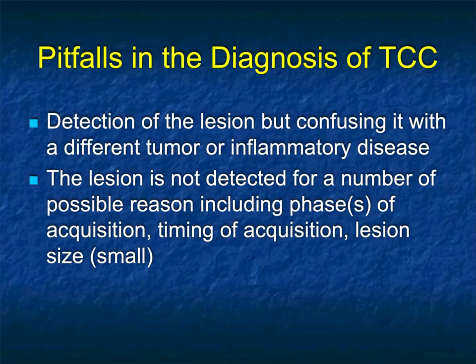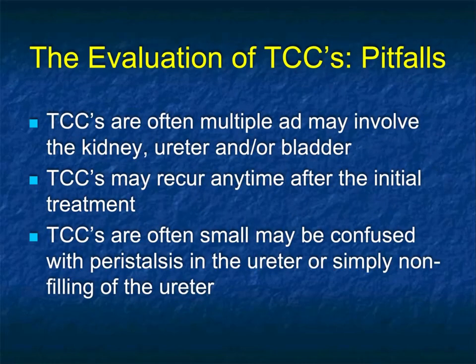The worst thing is when the lesion is not detected for a number of reasons, including the phase of acquisition, the timing, or the lesion's small, and you're not paying attention to those subtle signs. You're not looking at your MIP, you're not looking at your coronals. There are many pitfalls in looking at TCCs, and I've gone through them.